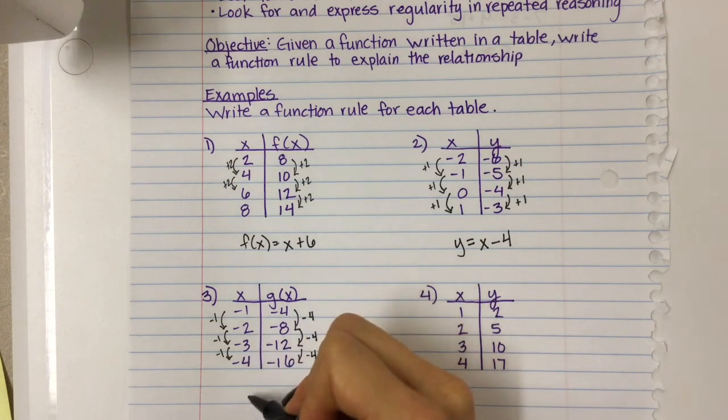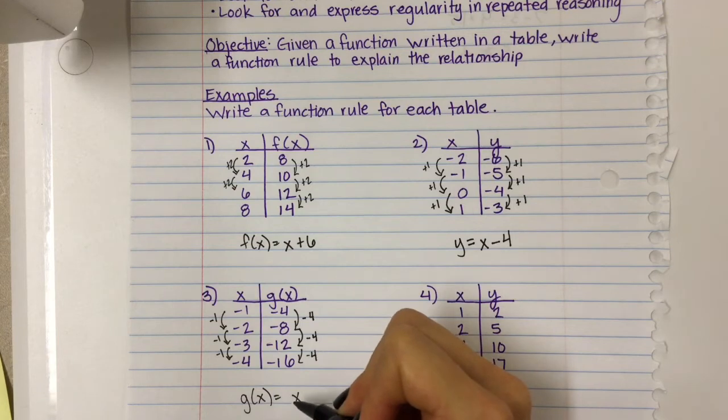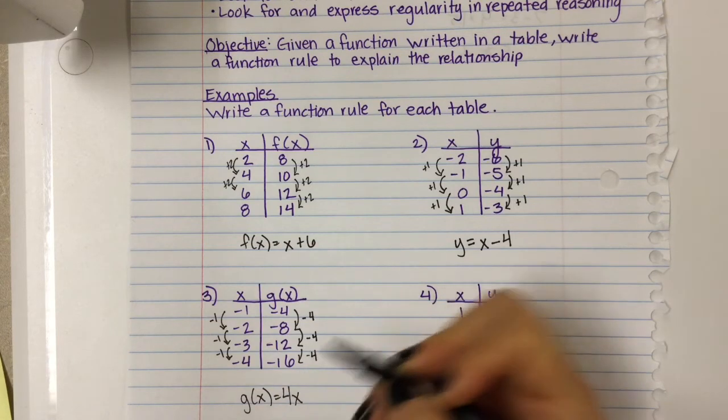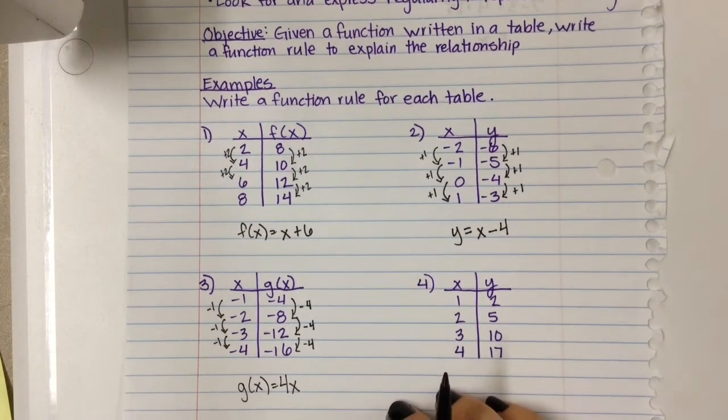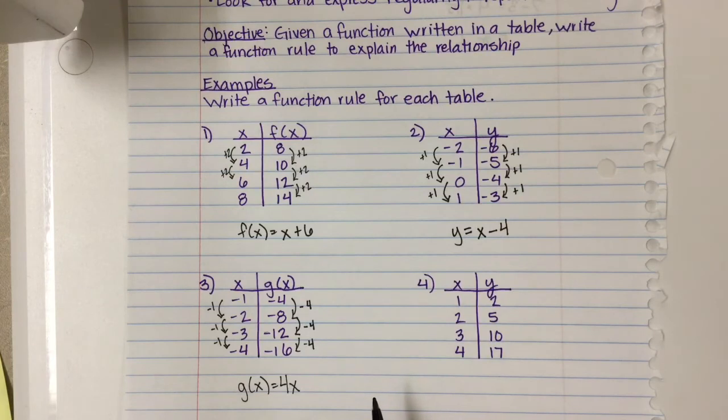So in this case, to get my g of x, I'm taking x and multiplying times 4. And in algebra, we write that as 4x. So notice this one became a multiplication happening, whereas this was an addition or a subtraction happening.